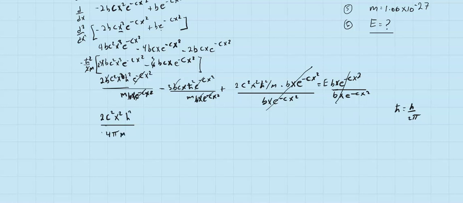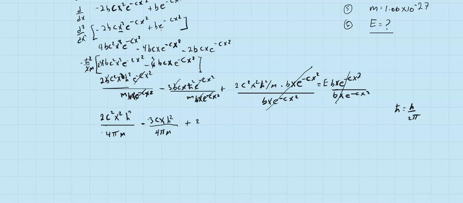And then I'm going to do the same thing over here. Minus 3c x h squared over 4 pi m, right? That's what I got here, plus 2.